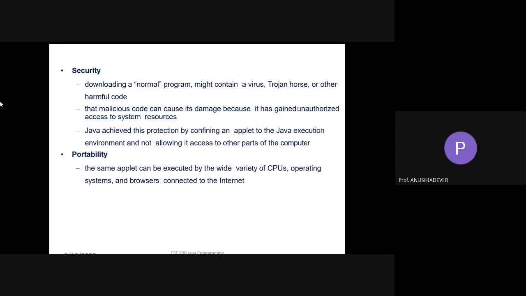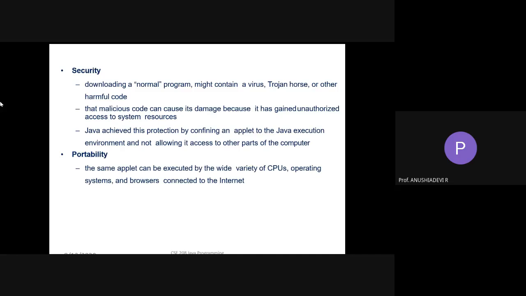The main purpose of applet is security. As I told you, downloading a normal program might contain a virus, Trojan horse, or other harmful code. That malicious code can cause damage because it has gained unauthorized access to system resources.